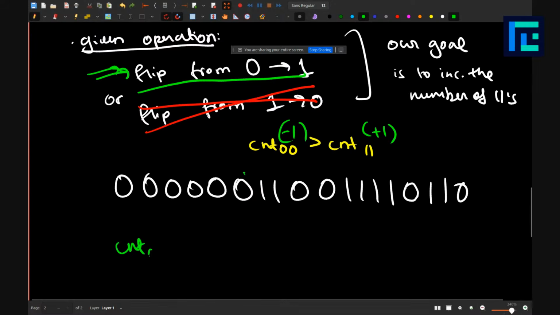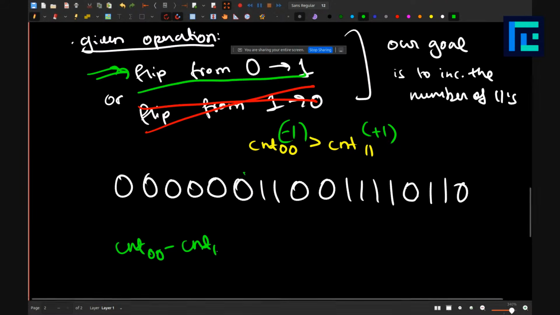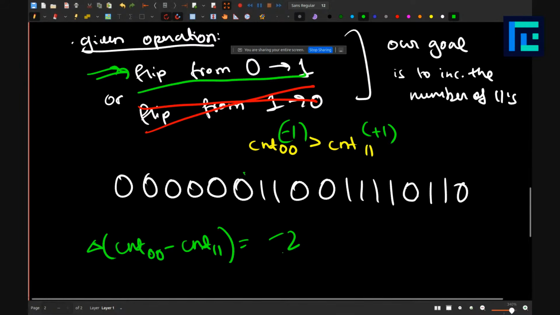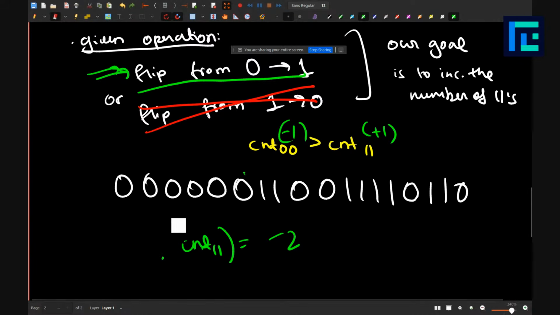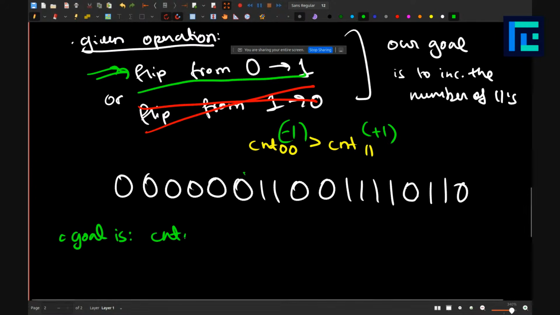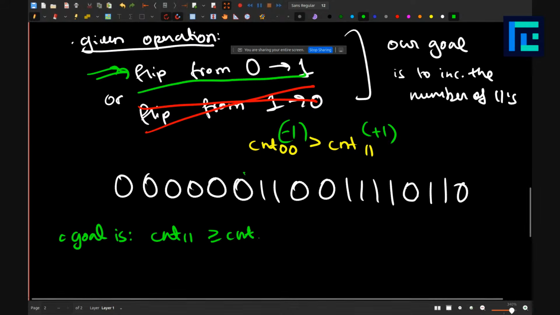So the difference, count 00 minus count 11, changed by a delta of -2, right? Basically we decreased one 00 and we increased one 11. So we became 2 steps closer to our goal, right? Our goal is count 11 greater than or equal to count 00.